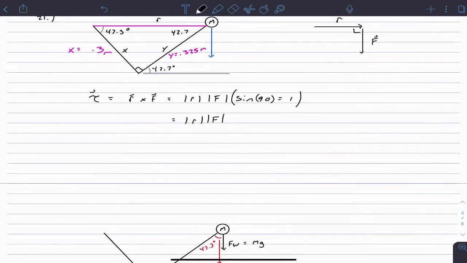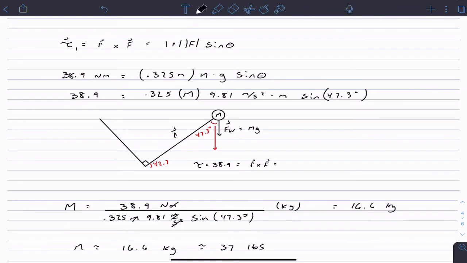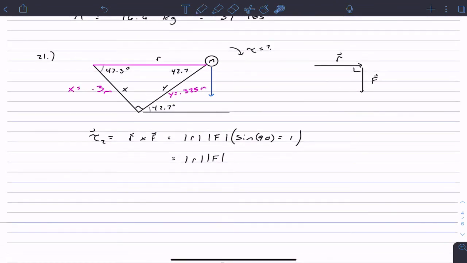Well, overall, again, this is going to be torque number 2, I'll call it, because this torque up here that we found earlier was torque number 1, right? We're told that torque number 1 of this weight force around the elbow is 38.9 Newton meters.